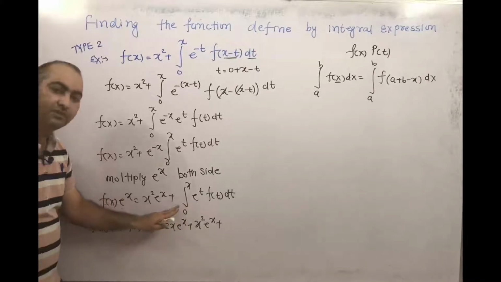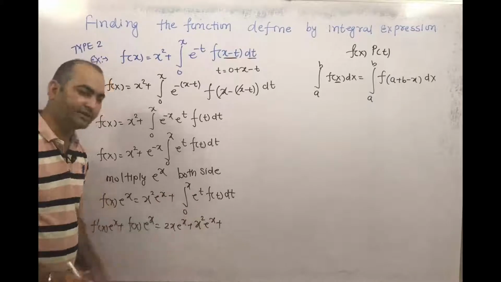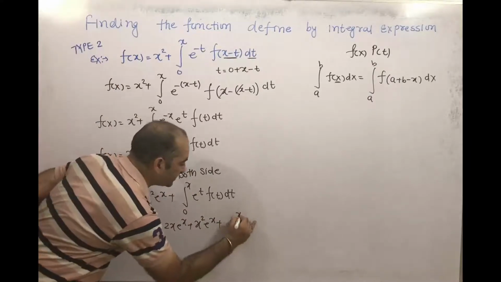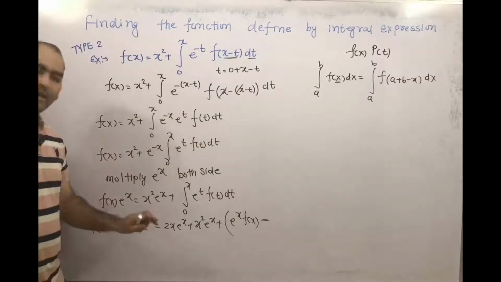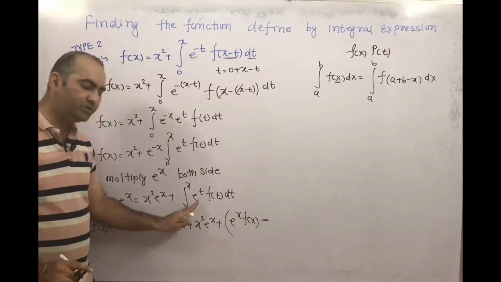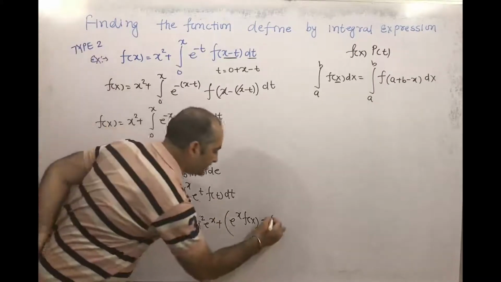If you differentiate this with respect to x, instead of t we have to put x. So what will come here: e power x f of x, minus, x differentiate gives 1, now if you put 0, e power 0 f of 0, and 0 differentiate gives 0. So what will come here, 0.